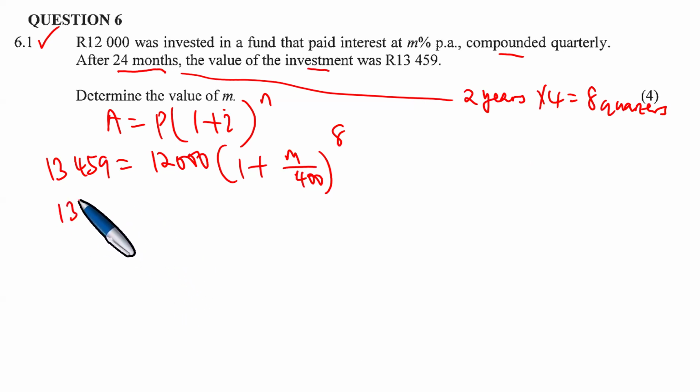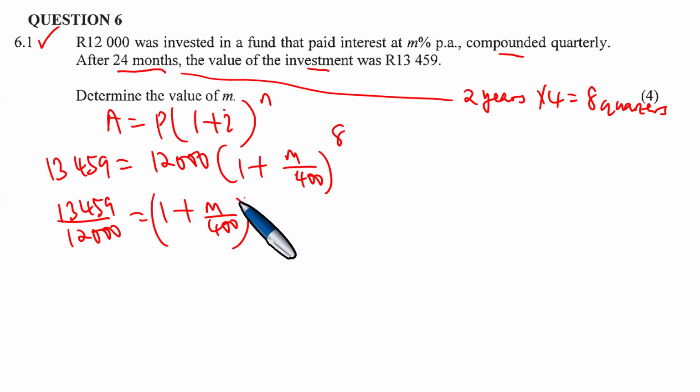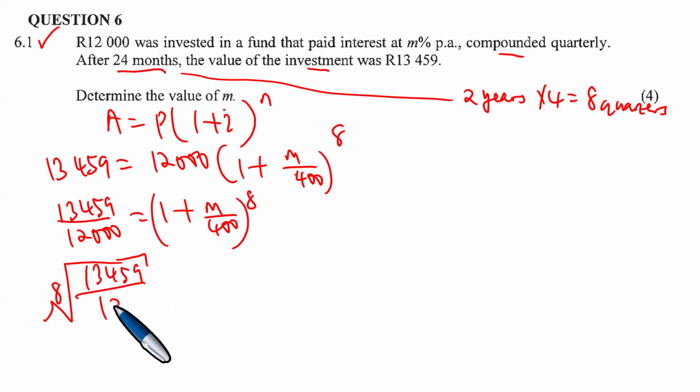We take the 13,459 and divide by 12,000, which is 1 plus M divided by 400 to the 8th power. The 8th root of that is 1 plus M over 400.